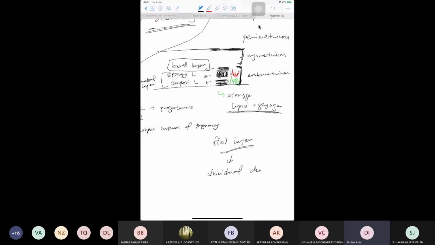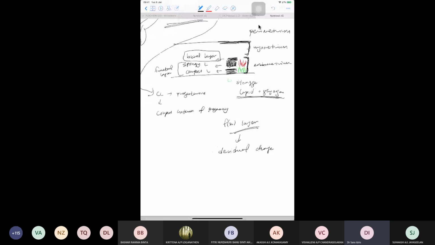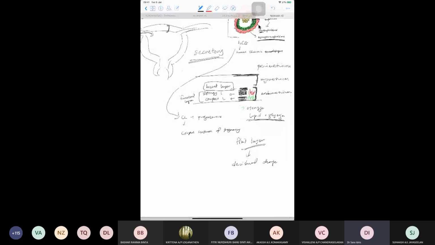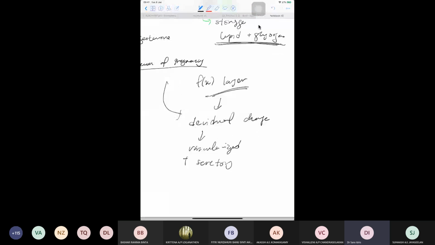Decidual change occurs when it is under the influence of the corpus luteum of pregnancy. It will become more vascularized, more secretory, so you have a lot more glands in the area, and all the cells will become enlarged with storage of lipid and glycogen.